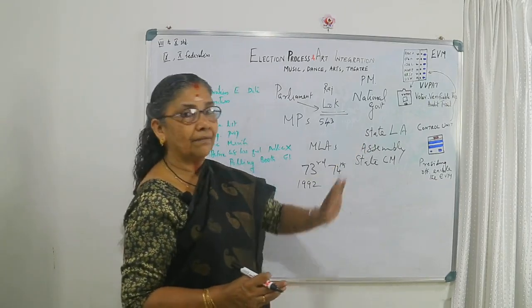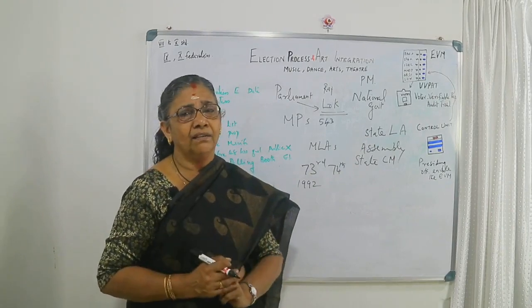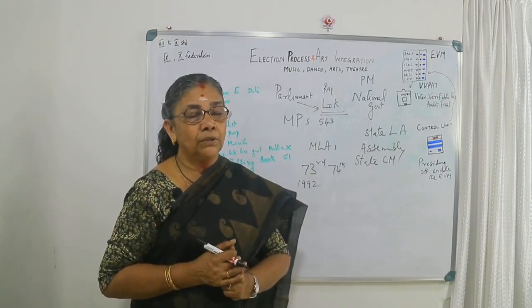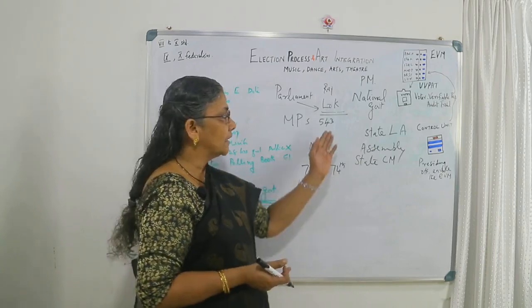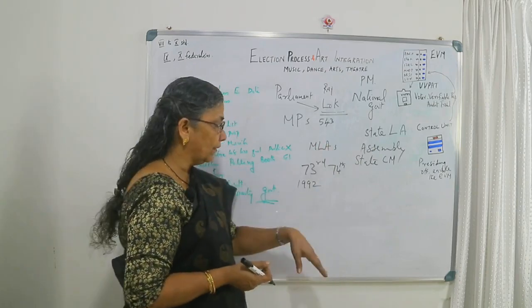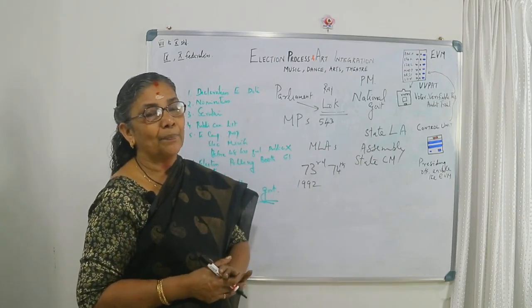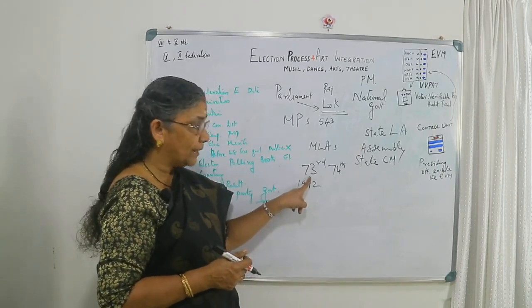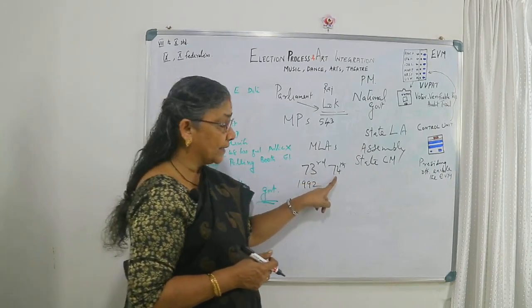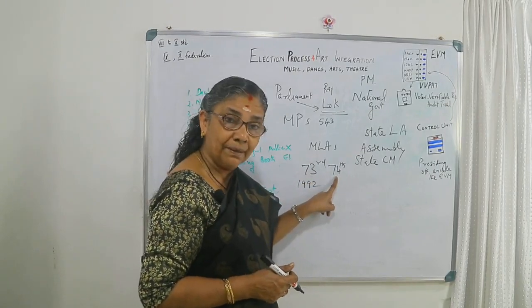Earlier, the responsibilities were only up to the state level. Now the powers have been given to the local levels also, which we call the Panchayat Raj Bill by the 73rd Amendment and the Nagarapalika Bill by the 74th Amendment.